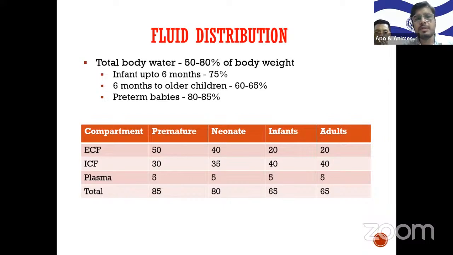Premature babies can have 50% of the body weight as extracellular fluid, while intracellular fluid is as low as 30%. So as the infant grows, from infants to adults, it gets reversed and goes to the level of 20 and 40. So the fluid loss would be more in premature babies, as they have higher ECF volume.